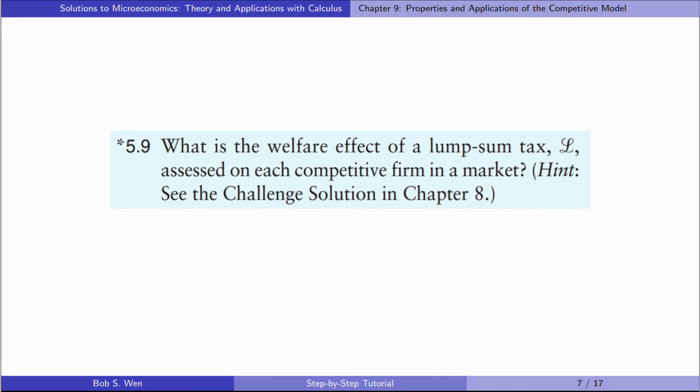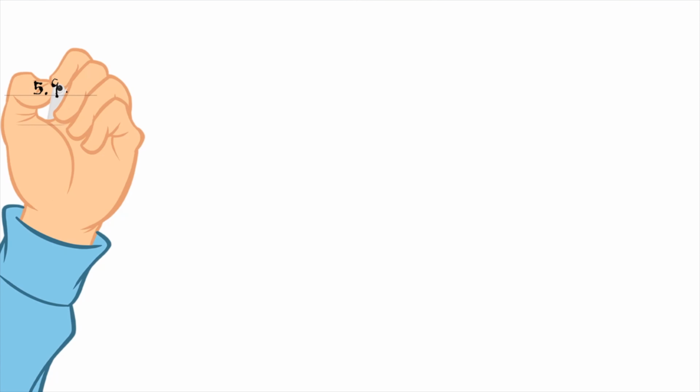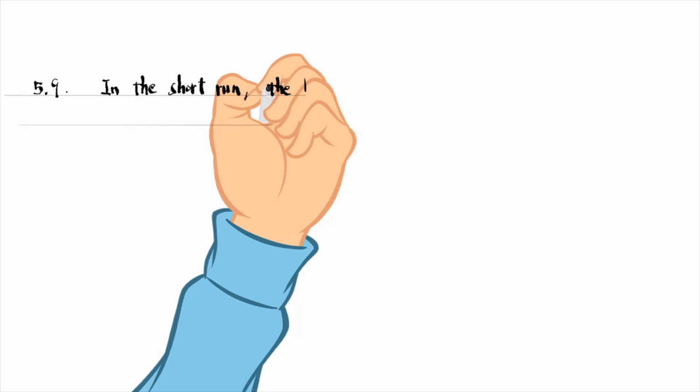Let's answer exercise 5.9. What is the welfare effect of a lump sum tax, L, assessed on each competitive firm in the market? In the short run, the lump sum tax is the firm's fixed cost.